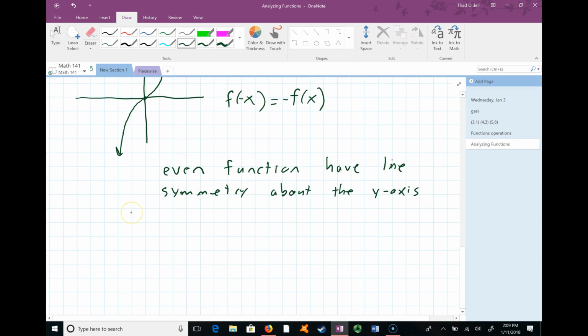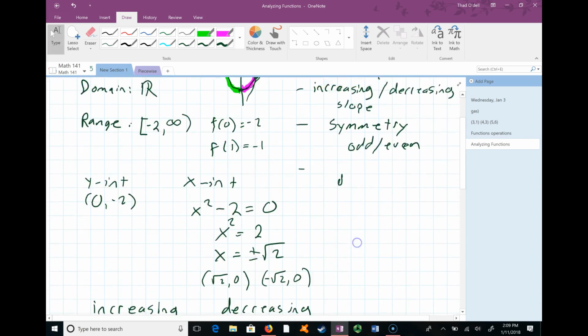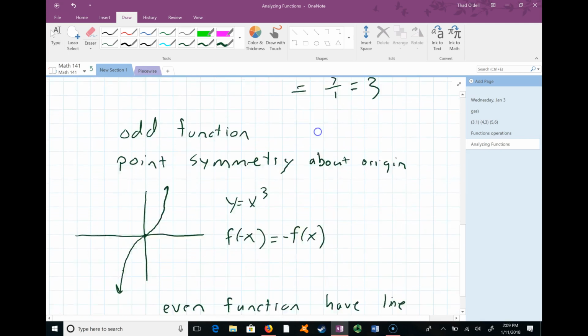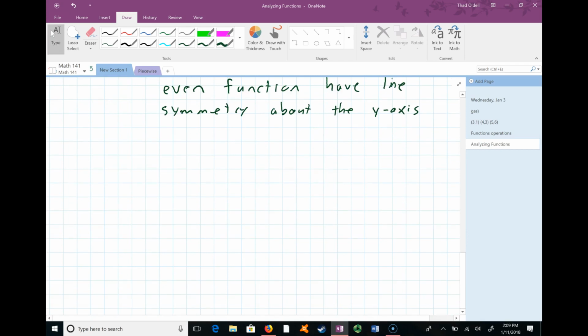And an example of that is actually our graph that we're dealing with up here. That is an even function. You can notice if you reflect that across the y-axis, the pink goes where the green is, and the green goes where the pink is, and you wouldn't be able to tell any difference. So this function is an even function because it has symmetry about the y-axis.